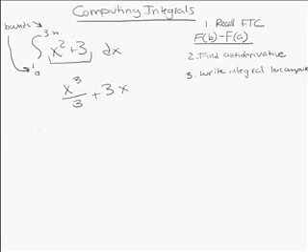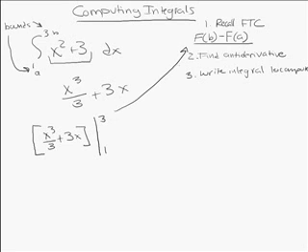We use these little boxes and we write x to the third over 3 plus 3x. Make a bar here and we place the bounds in the same location. So 3 goes on top, 1 on the bottom. Now this notation right here pretty much equals this. So we'll draw an arrow just like that.